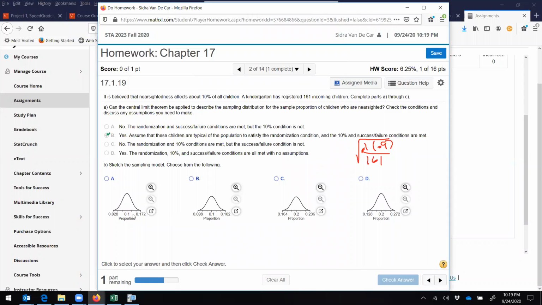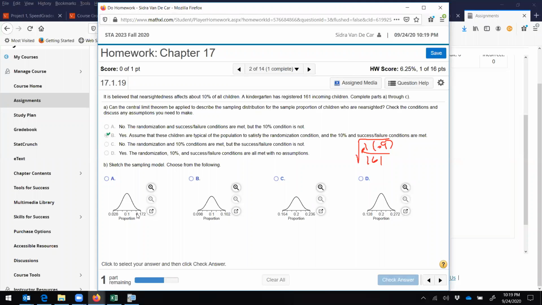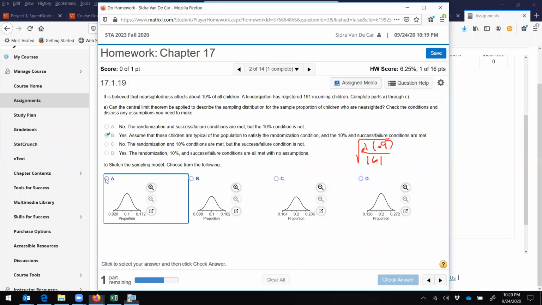So about 0.1708 would be closer to this one than to this one for 3 standard deviations. Let's subtract it. 0.1 minus 0.0236 3 times to get the 3rd standard deviation out would be about 0.02. 0.02 is closer to this than it is to this. So I'm going to choose option A here.